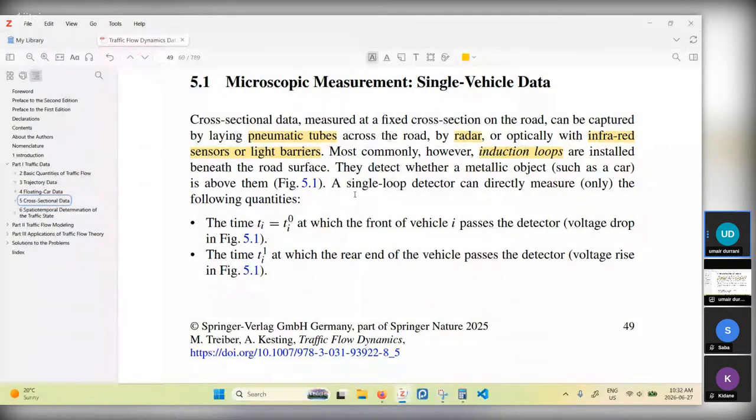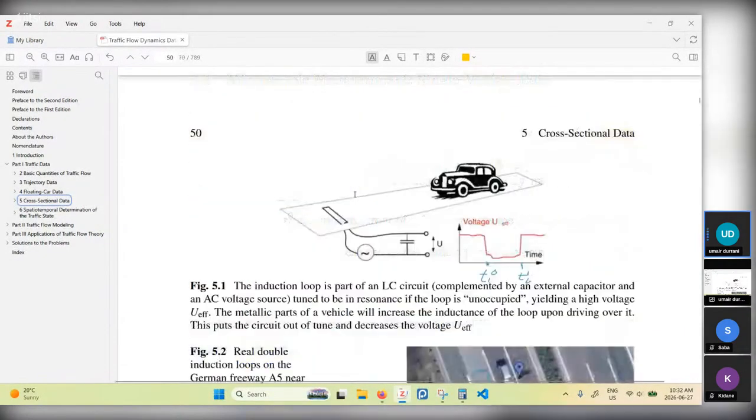This is shown here, where this vehicle is arriving, and this is a loop detector, which is embedded in the road. And as the front of the vehicle enters the loop, we see the voltage starts to decrease.